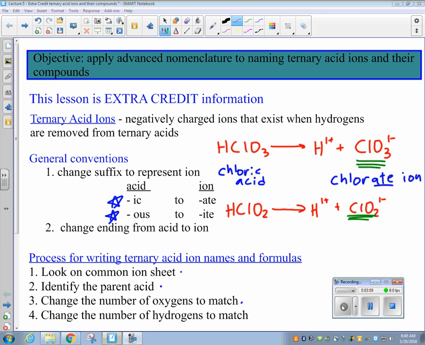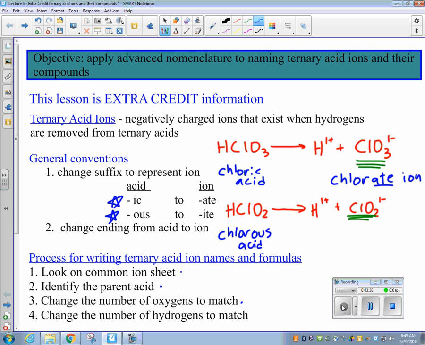HClO2 is a ternary acid in the chloric acid family. However, that acid has one fewer oxygen than the parent acid, chloric acid. So according to our naming conventions for ternary acids, the species HClO2 would be chlorous acid, as we change the suffix from ic to ous if there are fewer oxygens than in the parent.